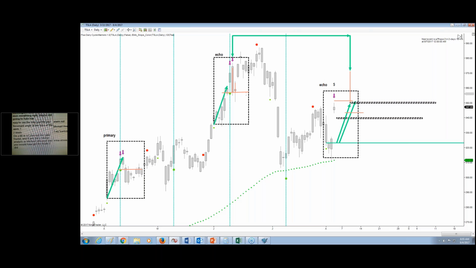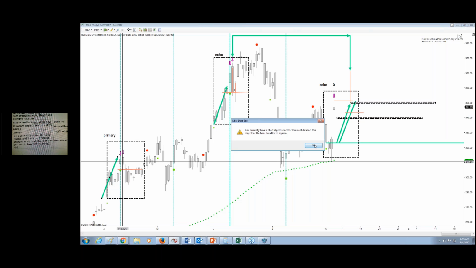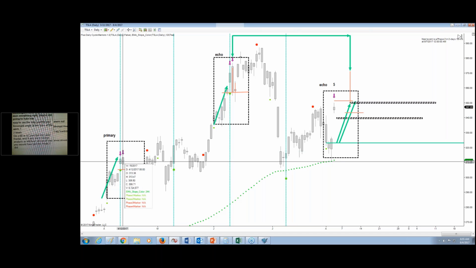Okay, so here's the deal. Based off of the 2 opportunities, the most it went above, the high was 313.73. This high was 313.47.